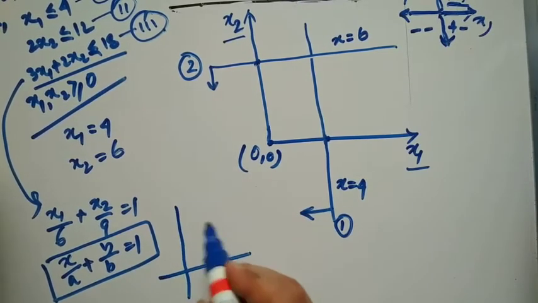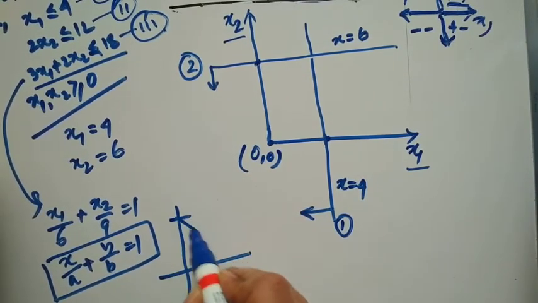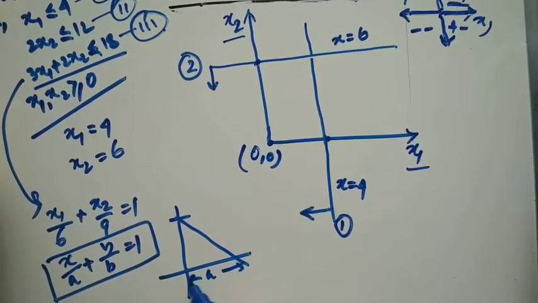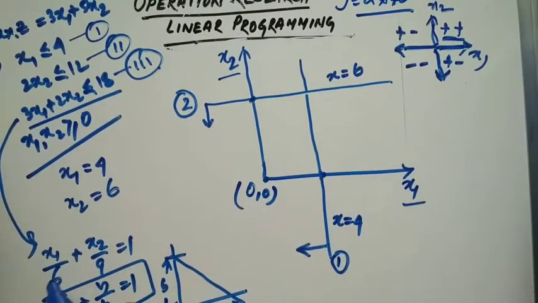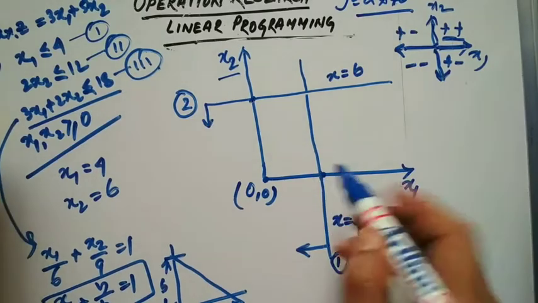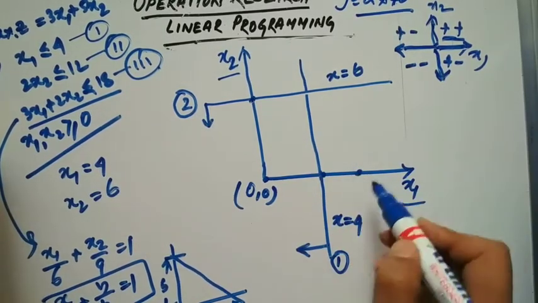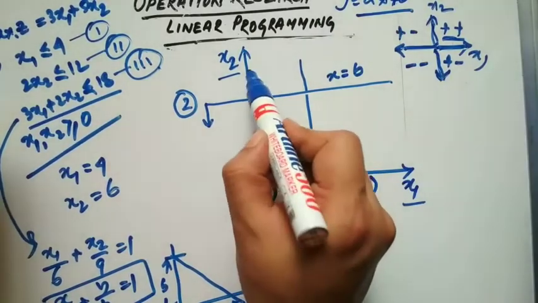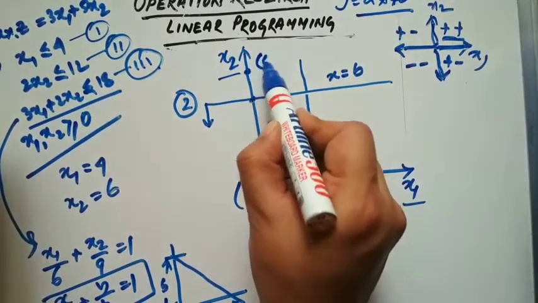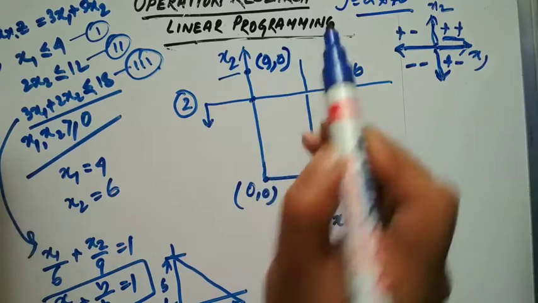For those who do not have knowledge of the intercept form, this is the A and this is the B. This is the concept behind the intercept form. So choose a point, say 6,0, this one, and choose a point over here, say this one as 0,9.